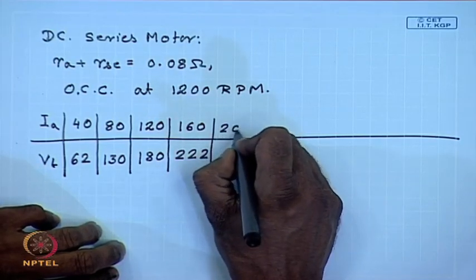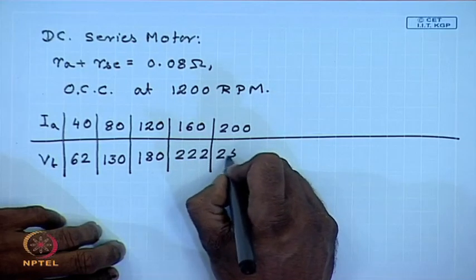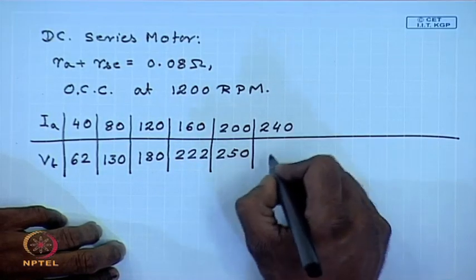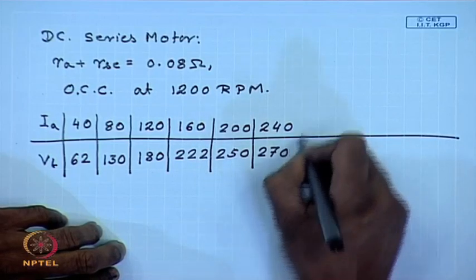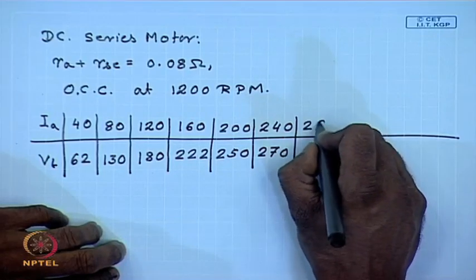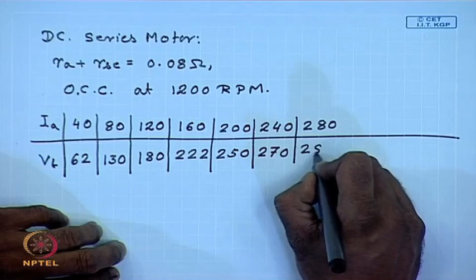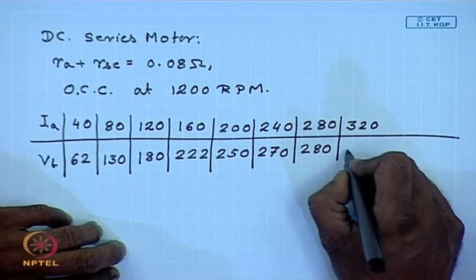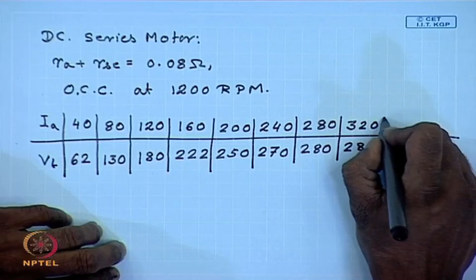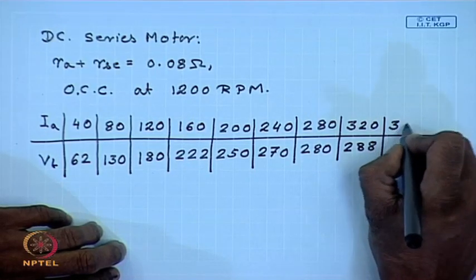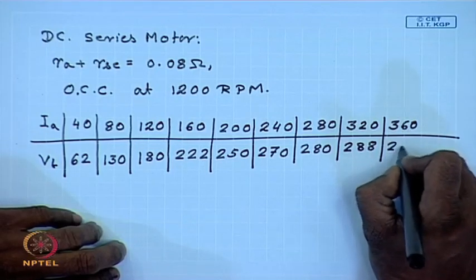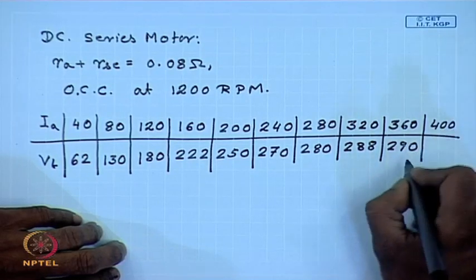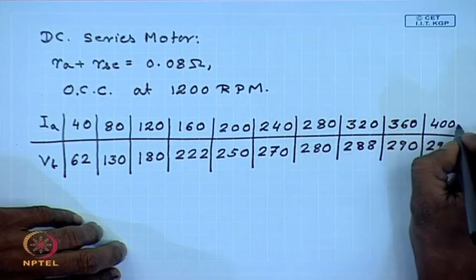At 200 amperes it is 250 volts. At 240 amperes it is 270 volts. At 280 amperes it is 280 volts.